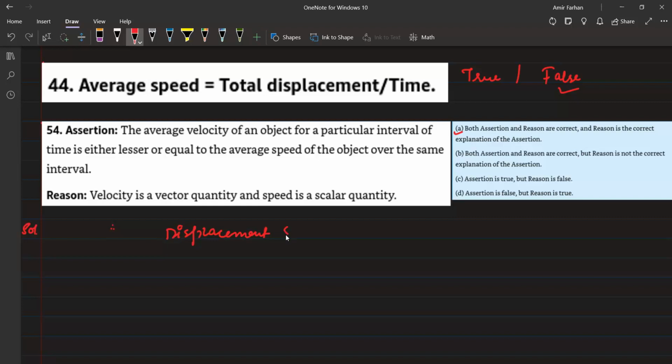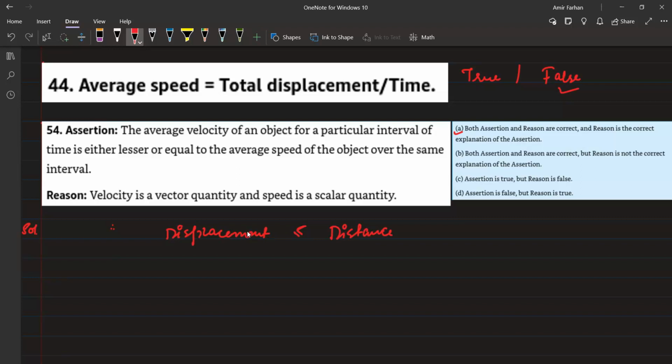Because distance is the actual path. The maximum a displacement can be is equal to distance, or it will be less than distance, yes or no? Displacement is less than or equal to distance, yes or no?